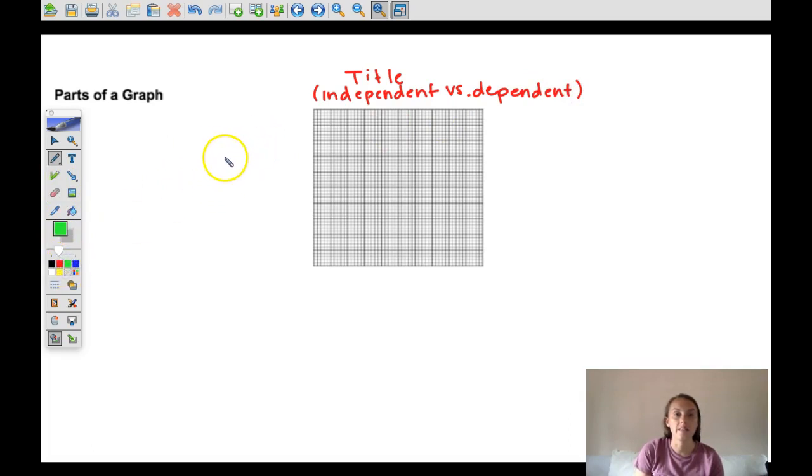The second thing that we need in a graph in order to make it clear is we need to have a y-axis label and unit. So for example, this would be distance, that's my label, in meters, that's my unit.